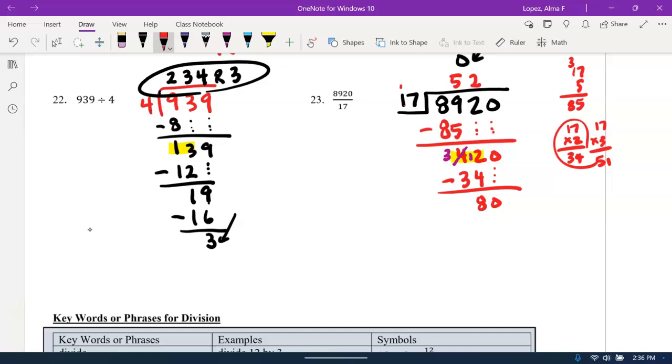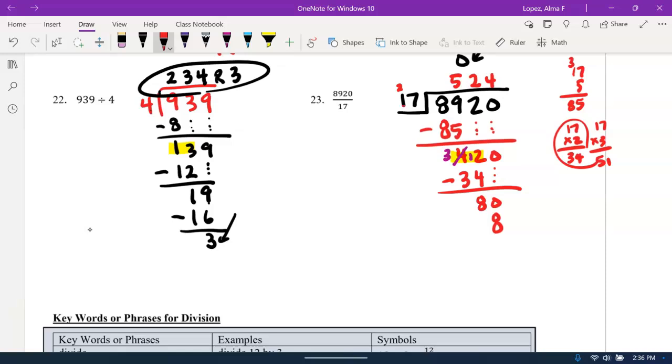And now we have to figure out how many times does 17 go into 80. Well, it's got to be smaller than 85. Since 5 times 17 is 85, I'm going to go 4. 4 times 7 is 28.